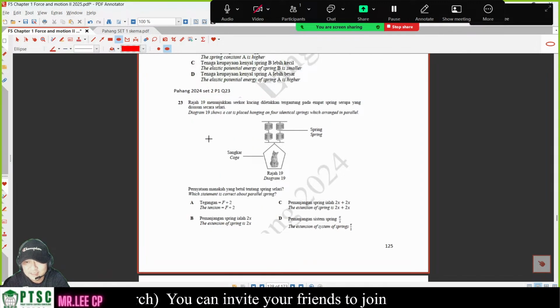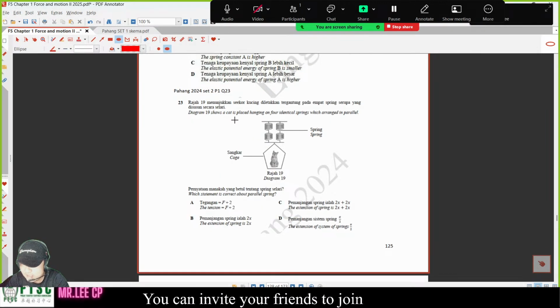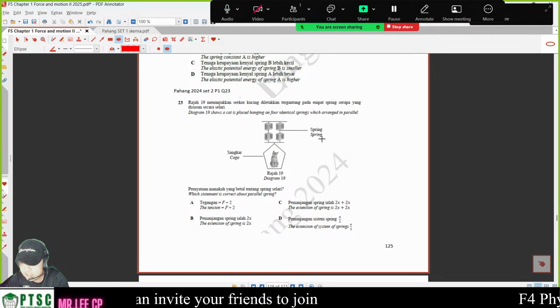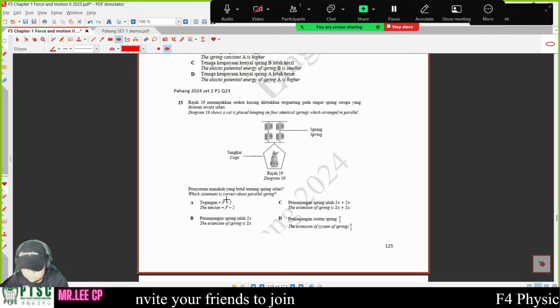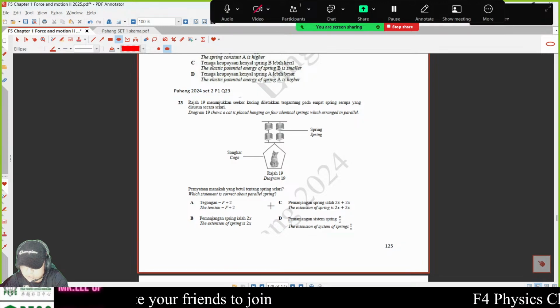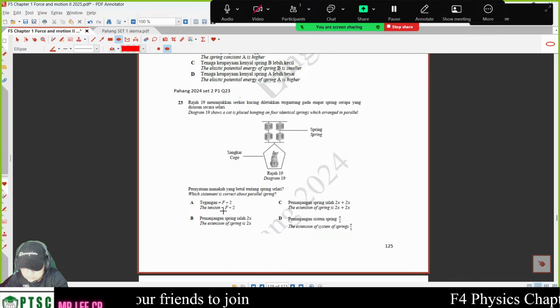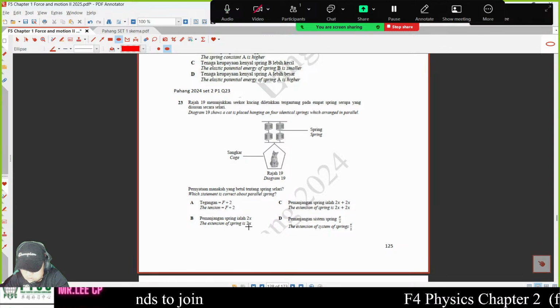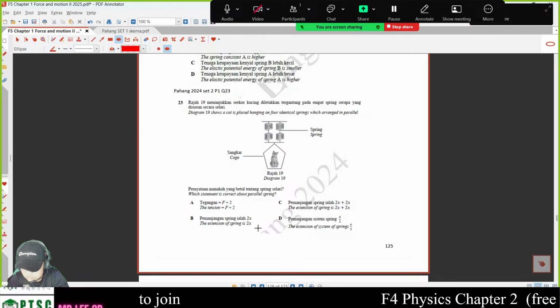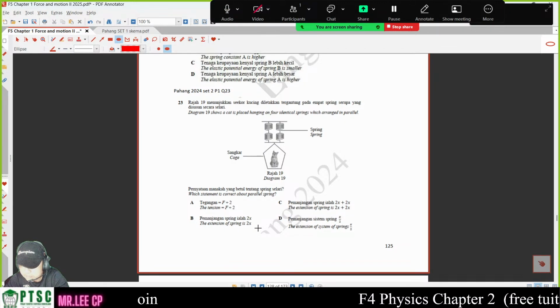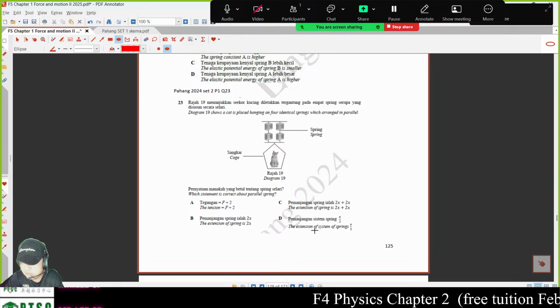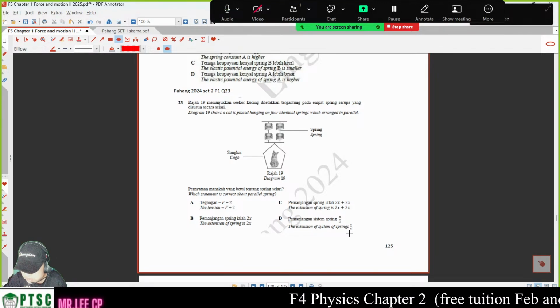Okay. Next one. Diagram 19 shows a cat hanging on 4 identical springs arranged in parallel. So, which one is correct about the spring? The tension F plus 2. The extension of the string is 2 times. The extension is 2x plus 2x.